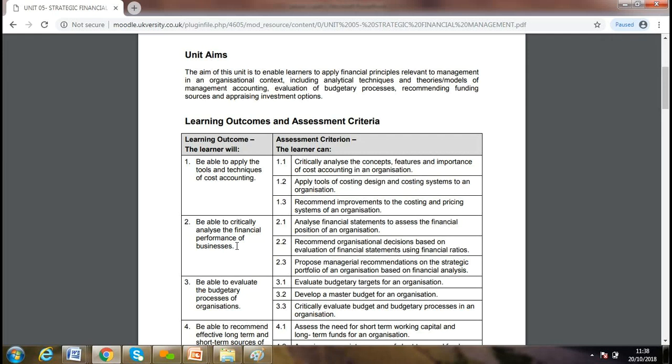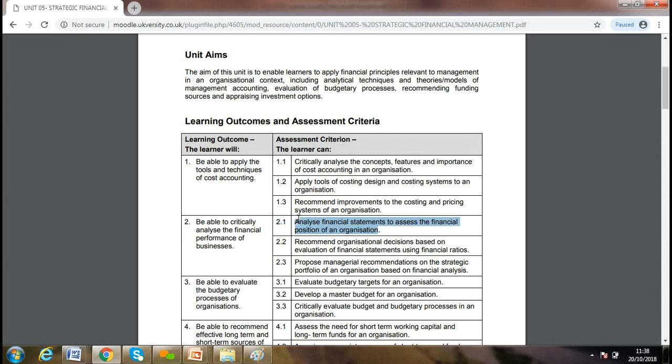We can discuss and explain all this when we prepare our assignment under learning outcome 2. Under assessment criteria 2.1, we're supposed to analyze the financial statement to assess the financial position of an organization.